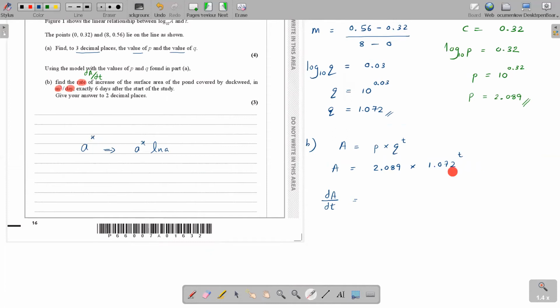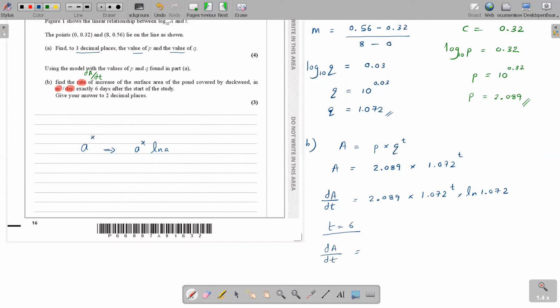Of course, here differentiation happens with respect to t. 2.089 is a constant, let it be there. 1.072 to the power t differentiates to give 1.072 to the power t times ln of 1.072. So this is our dA by dt. Now input t as 6 and get dA by dt.